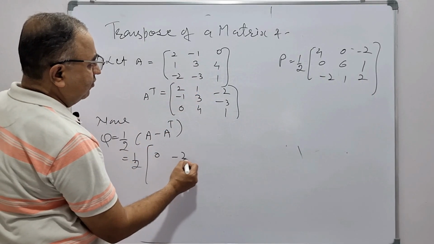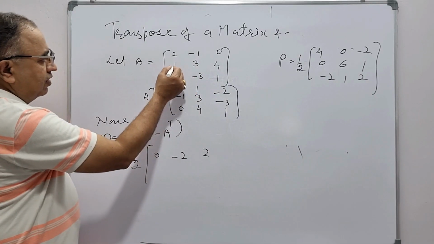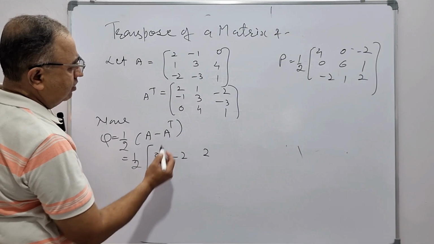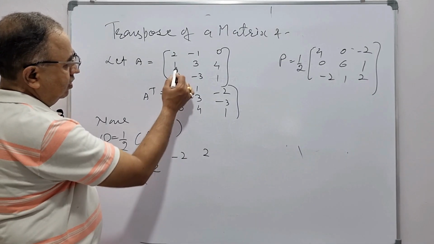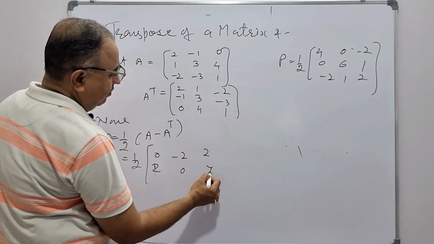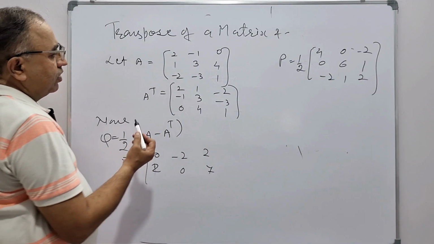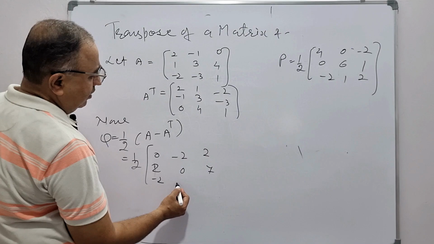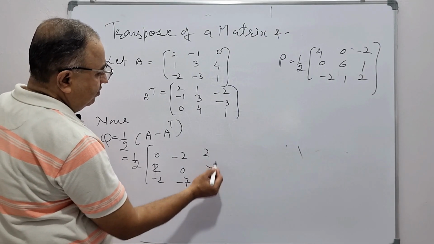Minus 1 minus 1 is minus 2. 0 minus minus, plus 2. Second row from second row, corresponding integers: 1 minus minus, plus 1, 1 plus 1, it's 2 here. Then 3 minus 3, 0. 4 minus minus, plus 3 is 7, right? Now minus 2 minus 0, it's minus 2 only. Minus 3 minus 4, minus 7. 1 minus 1, 0.